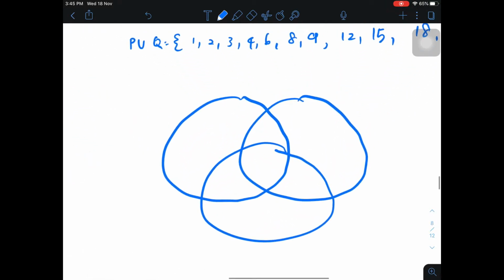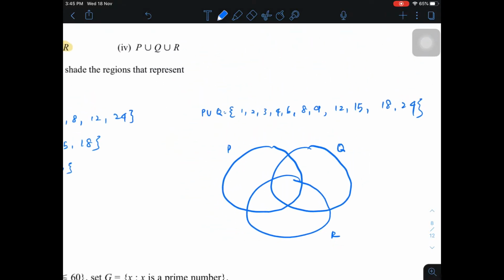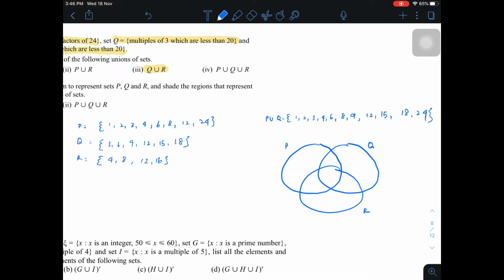So, P, Q, R. If we look at that just now, we have 1, 2, 24, 3, 6, 12, 9, 15, 18, and then here's 16, right?